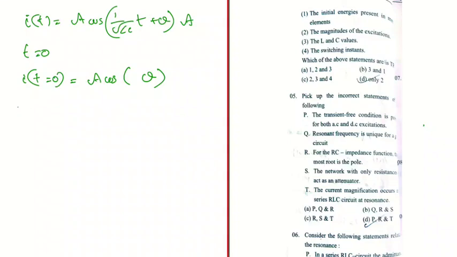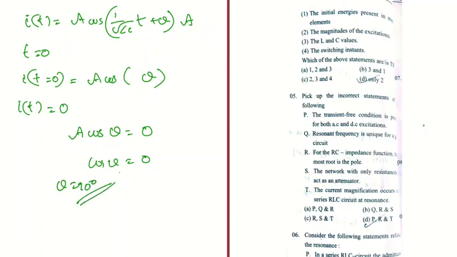But at time t equal to 0, we know that I of t is equal to 0, so I am going to substitute that. So A cos theta is equal to 0, that means cos theta equals 0. When will cos theta be equal to 0? When theta is equal to 90 degrees. So I got theta equal to 90 degrees.